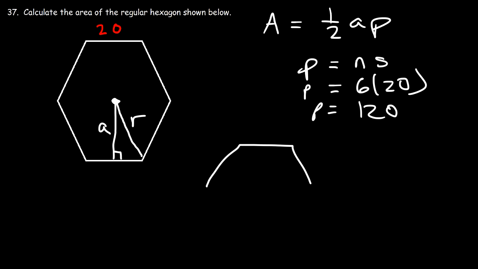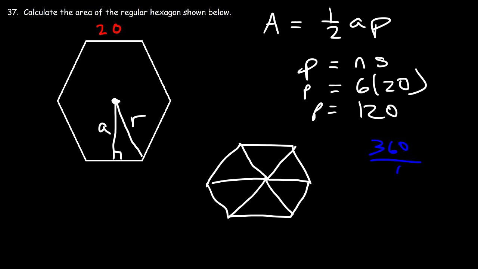So if we have, let's say, a hexagon, and we split it 6 ways, what do you think the angle is for these 6 pieces that I drew? A full circle is 360. And if you take 360 and divide it by 6, that means that each of these angles represent 60 degrees.